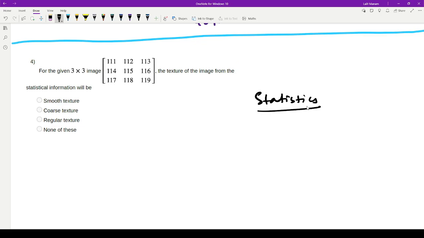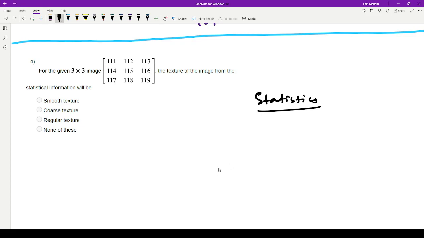The variance, standard deviation, and moments. Variance is also a moment. Which moment is it? It is the second moment. Second moment is variance, and furthermore, you can take more moments.